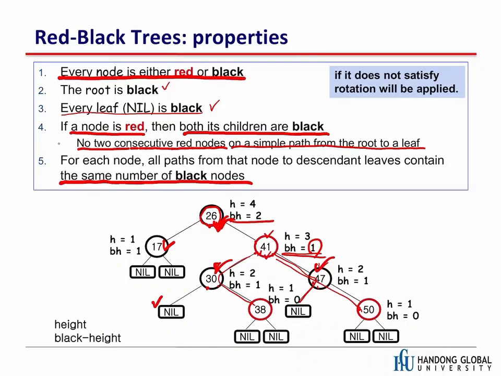So it is the same number of black nodes in all different directions to the leaf nodes. Whenever we insert or delete, if any of these properties is broken, then we have to rotate. That's what red-black trees are.